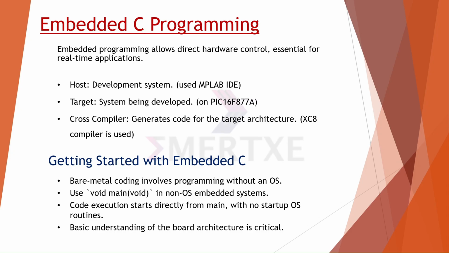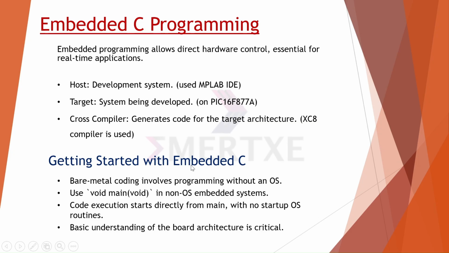Then we have a target system where we implement that code. In our case, we use the PIC16F877A microcontroller. And then we have a cross compiler that generates code for the target architecture. The compiler acts as a translator between the human and the machine. Here we use the XC8 compiler.